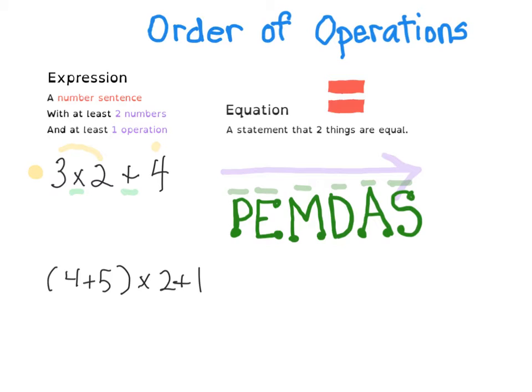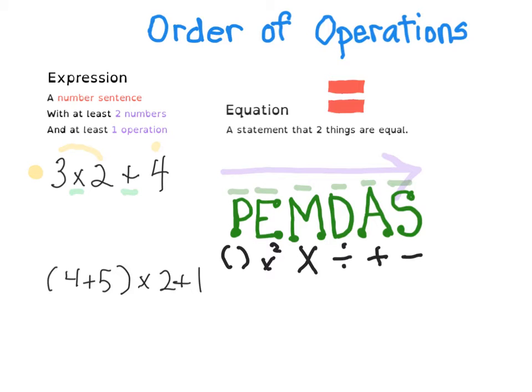Let's look at what the letters in this acronym mean. P is for parentheses. E is for exponents. M is for multiplication. And D is for division. A is for addition. And S is for subtraction. Please excuse my dear Aunt Sally.